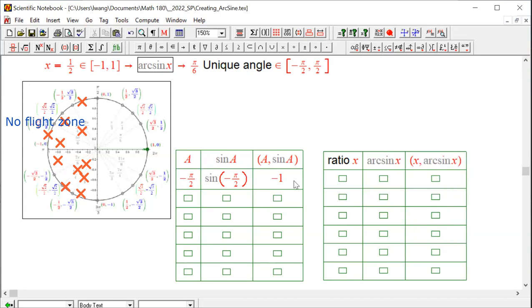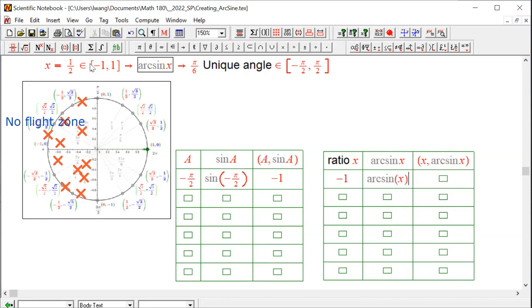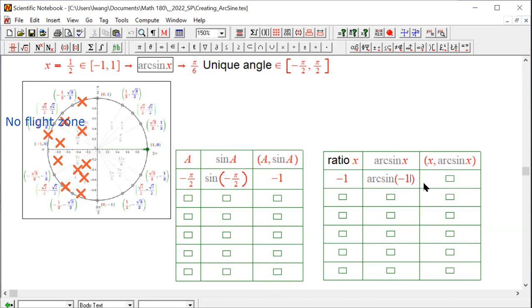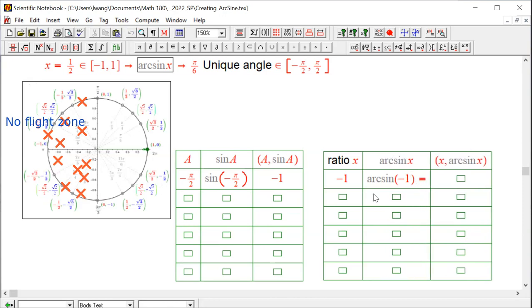Now for this row, -1 becomes the input, and arcsine of -1 is going to be exactly the output that was the input for sine. You see that?